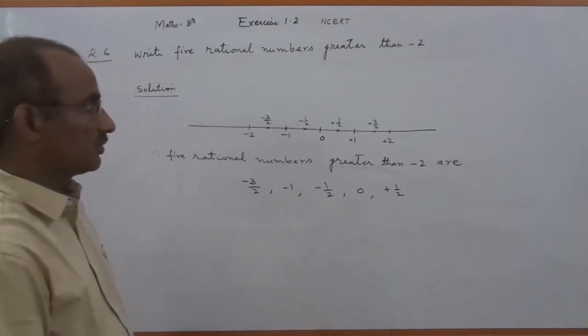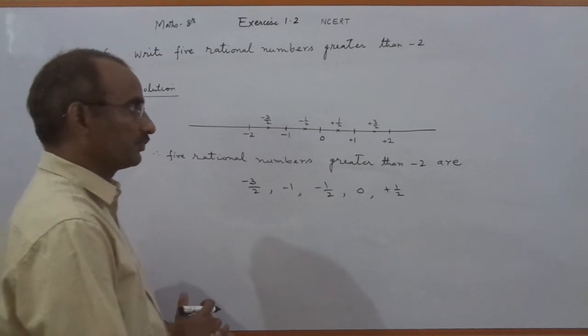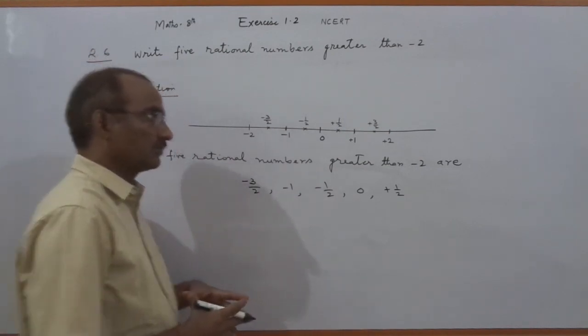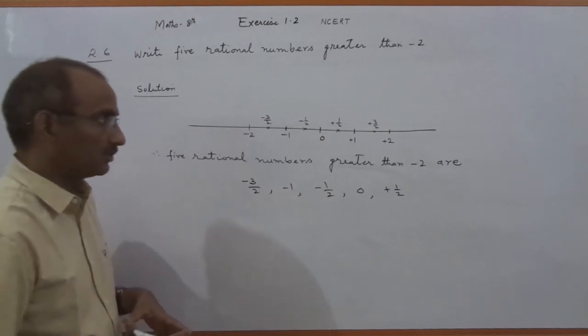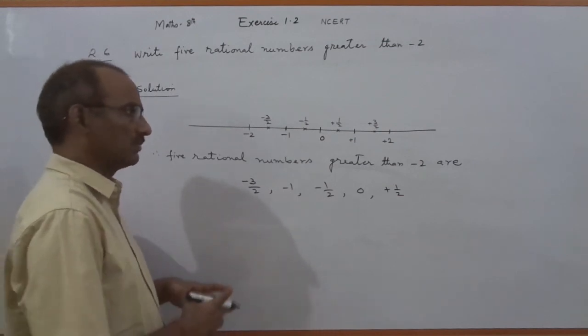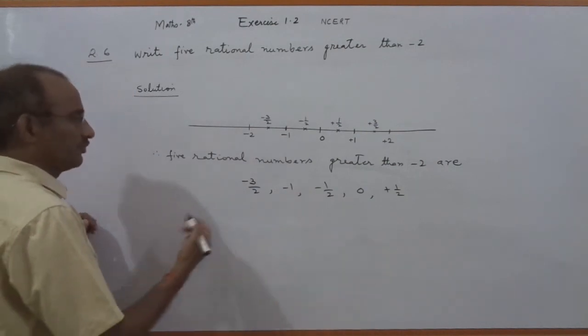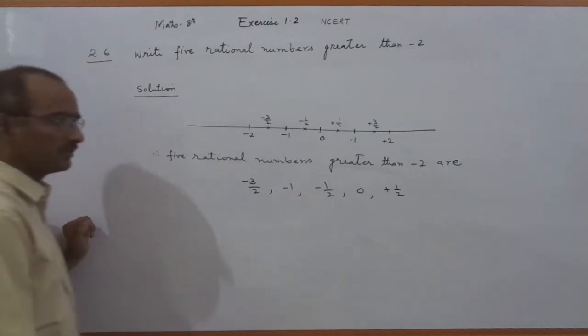You can also write plus 3 by 2, plus 1 by 2, plus 5 by 2 and many more numbers are greater than minus 2. So this is our answer.